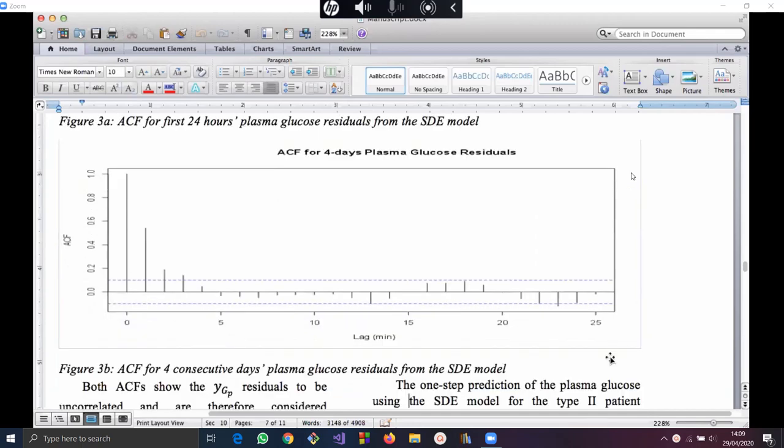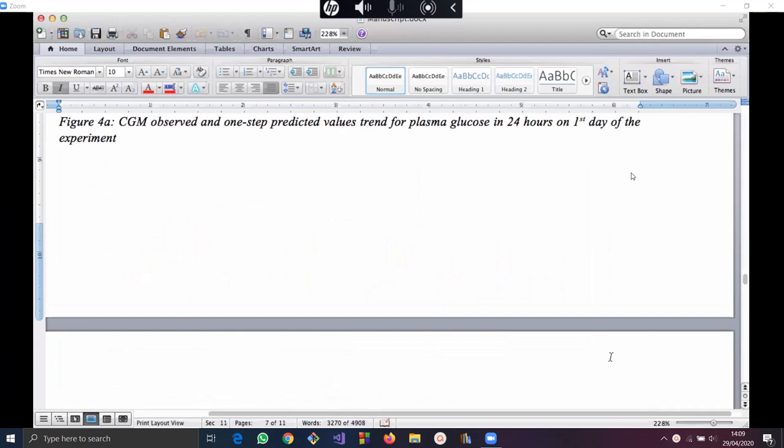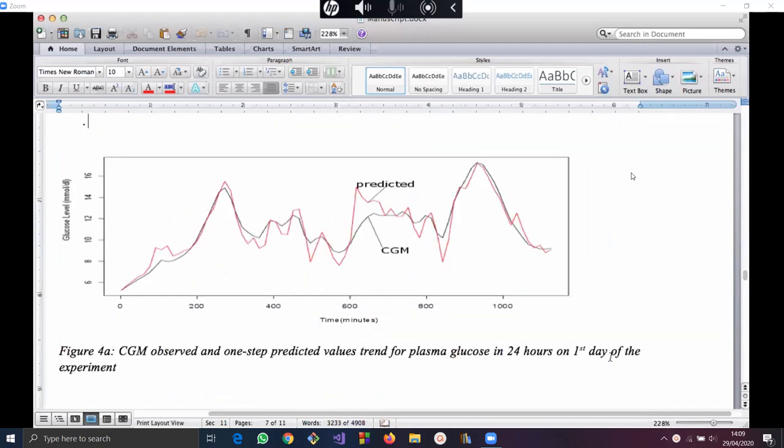But what's important is now when we are trying to compare the performance of our model. So what you see in red is how our model predicted. What you see in black is what we call CGM.